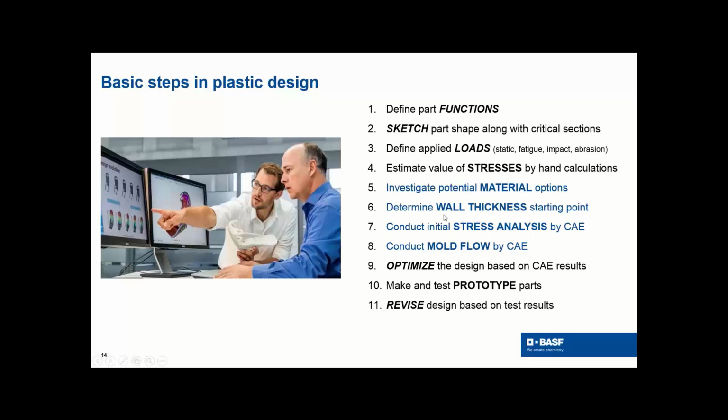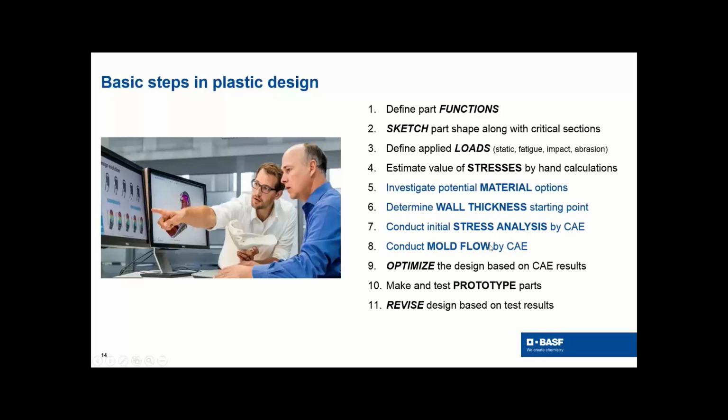Then you determine your wall thickness, kind of a starting point. And now, especially if it's a complex part, we're going to use CAE. We're going to use probably a finite element analysis to do a stress analysis. So that'll give you a feel for which of these materials, at this wall thickness, are going to meet these loads.